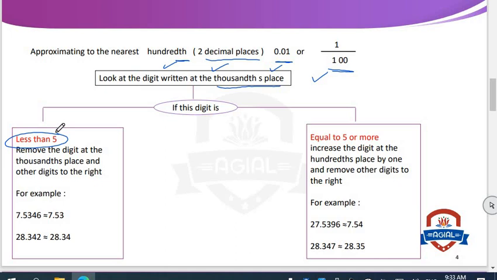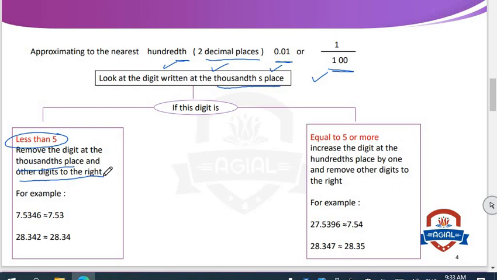In this case, remove the digit at the thousandth place and the other digits to the right.